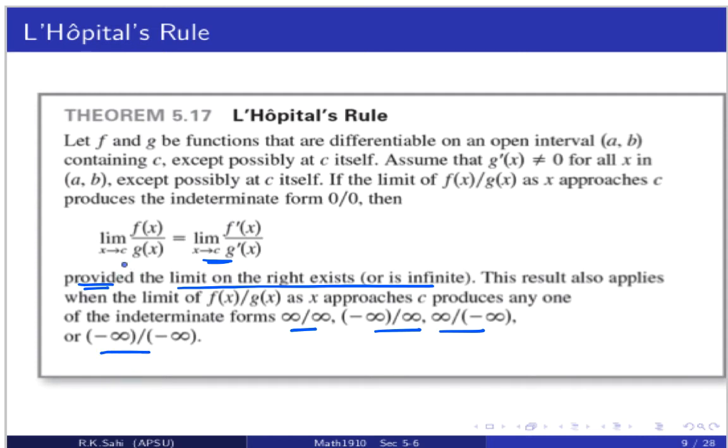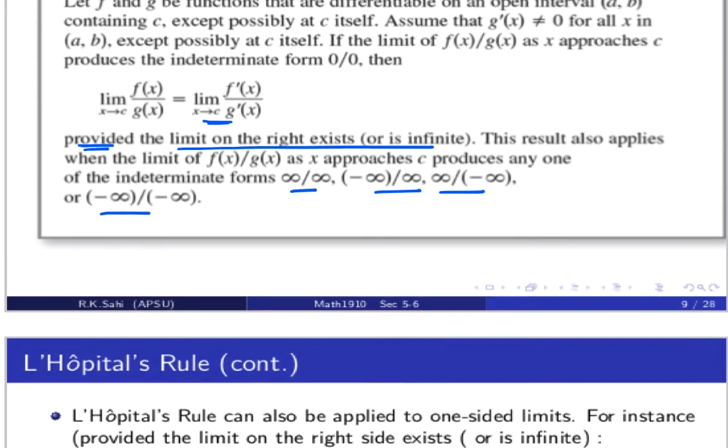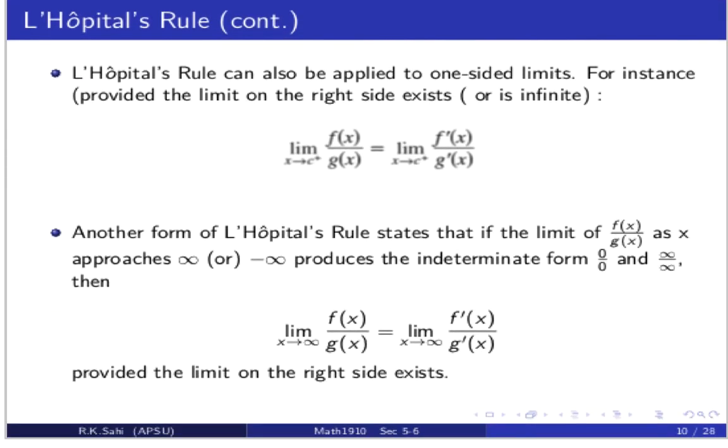It is not only applied as x approaches c, but it can also be applied to one-sided limits. That is, the limit as x approaches c plus of f over g is the same as the limit as x approaches c plus, that is, approaching from the right-hand side, of f prime over g prime. And once again, provided the limit on the right-hand side exists or is infinite.